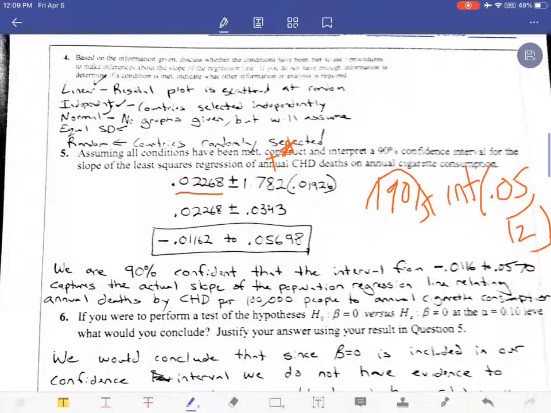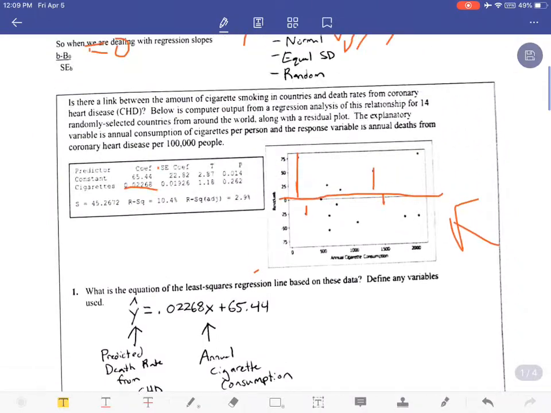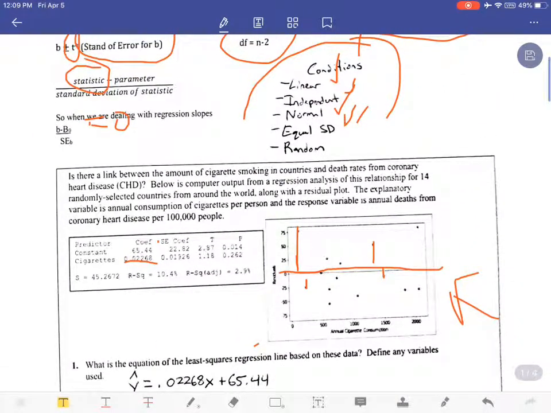And then we multiply it by our standard deviation. Now, this is the nice thing about these regression problems, is that it gives you the standard deviation or standard error, just another word for standard deviation, in the problem. So this is where we're going to find it. So we go back to our computer output table, and this SE coefficient, that's going to be our standard error.